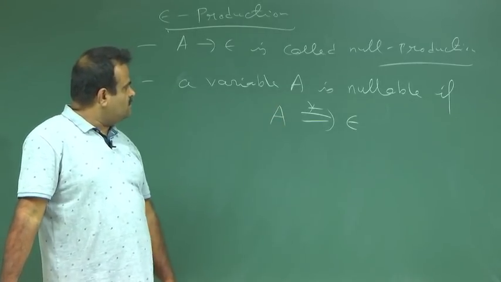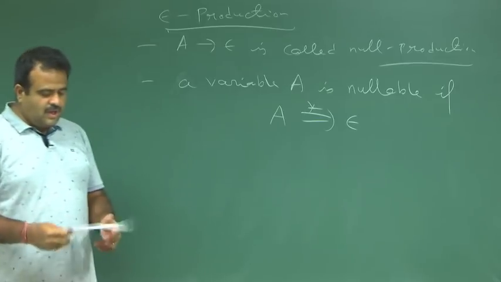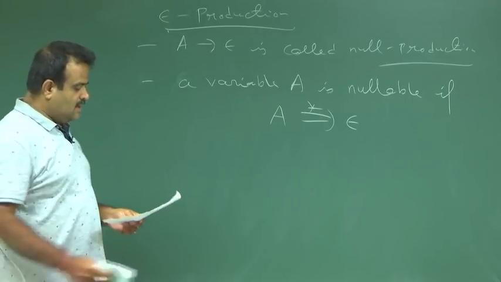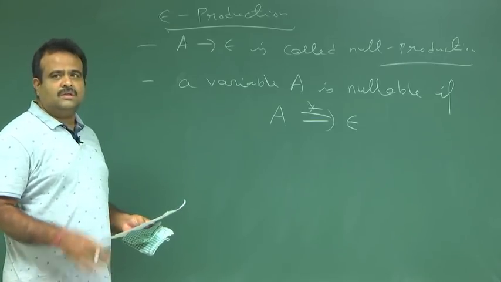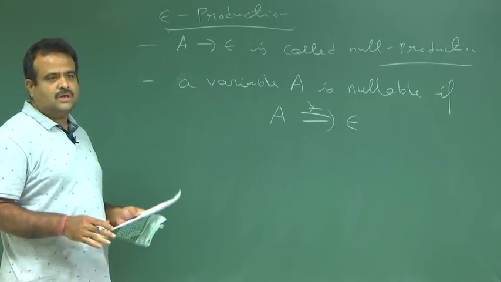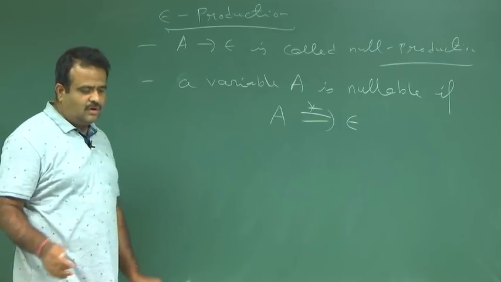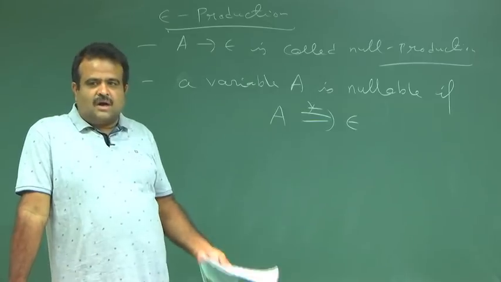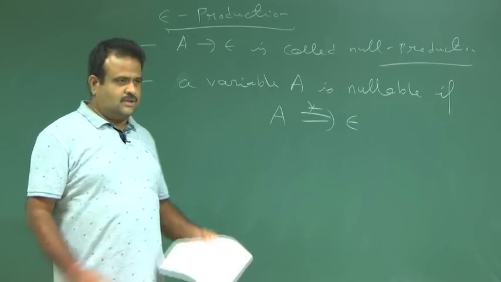So, if epsilon can be derived from A, then we call A nullable. Then we want to omit all the null productions, because if our grammar is not accepting epsilon, then we can reduce the grammar by omitting all the null productions.